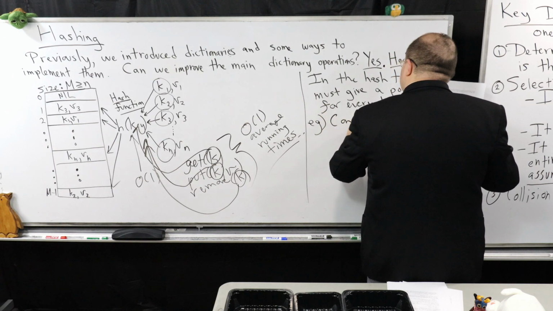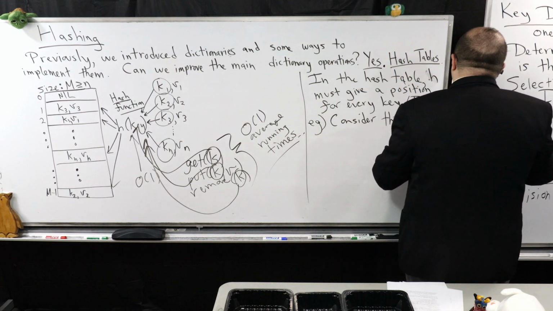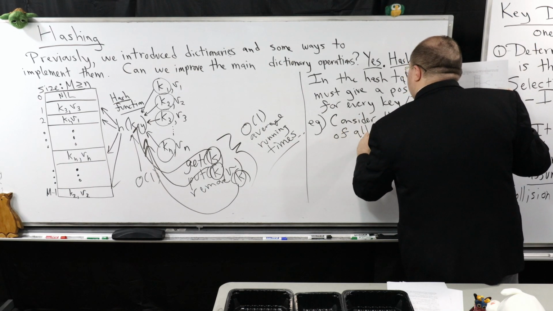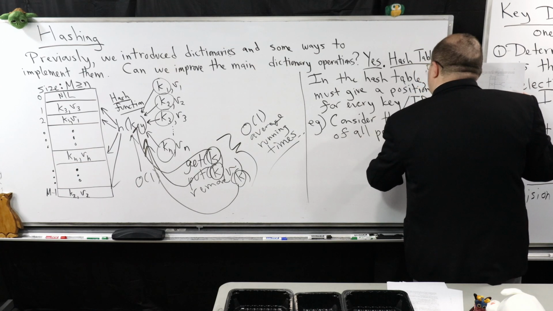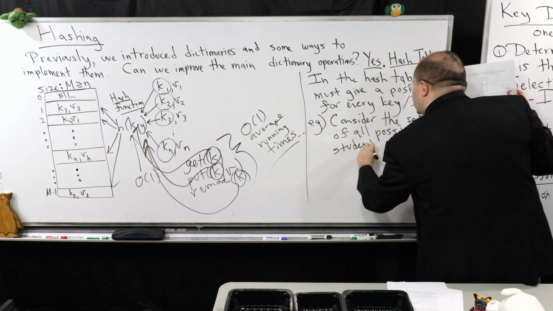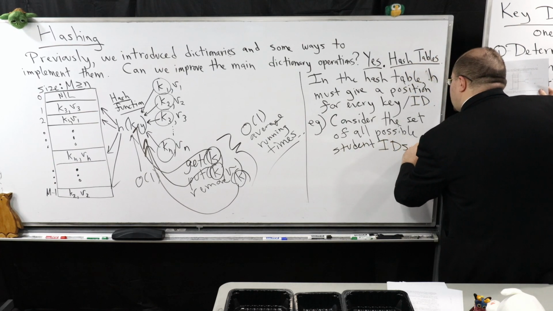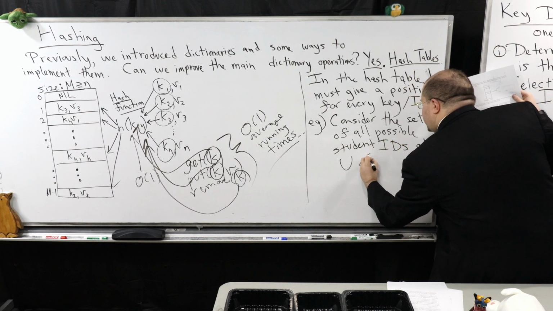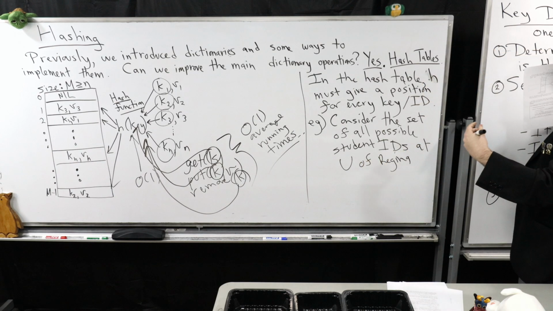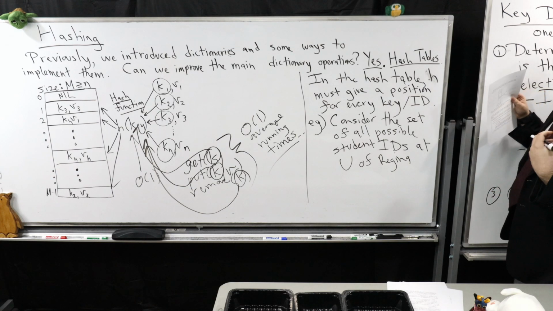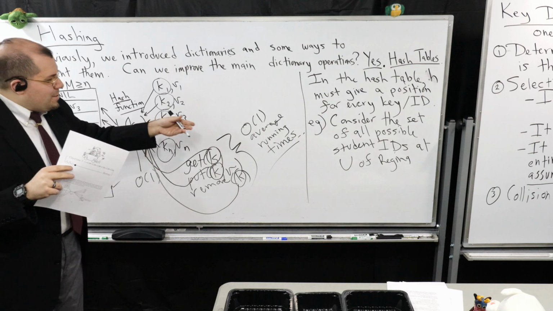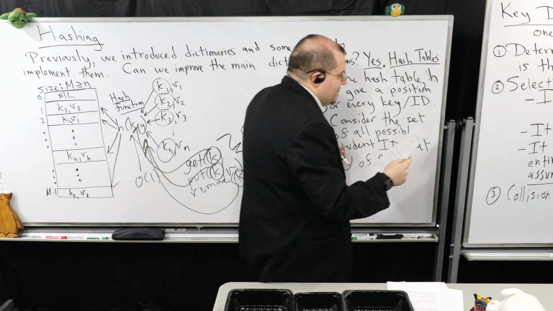Consider the set of all possible student IDs at U of Regina. I'm going to consider all possible student IDs, so I want to know all of the student IDs.